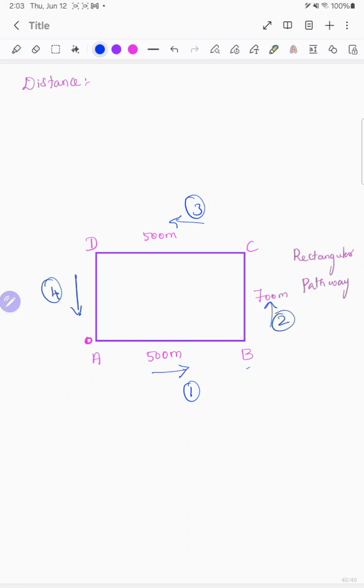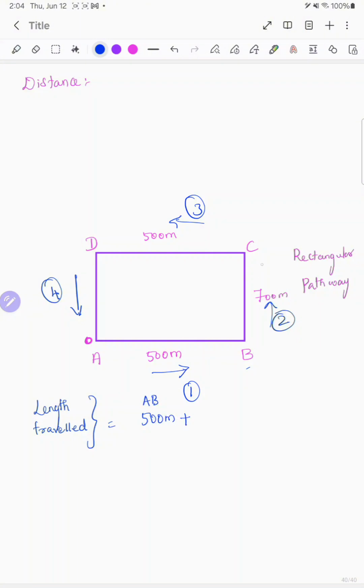Total distance traveled is the length. So length from A to B is 500, right? I am calculating the length of the rectangular path you have traveled. That is 500 meters from A to B, right?